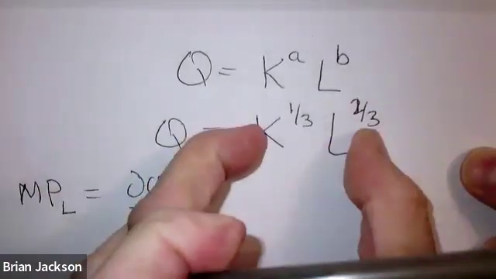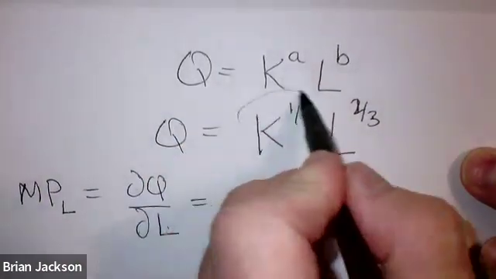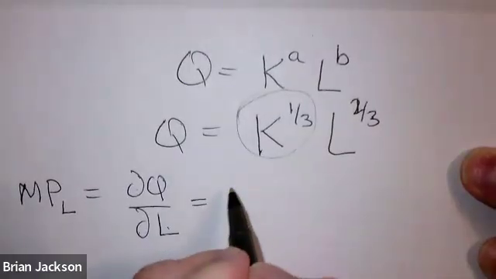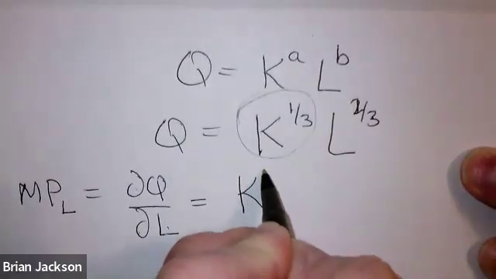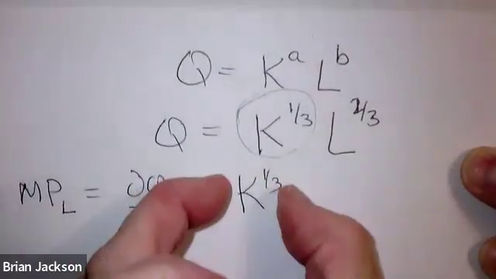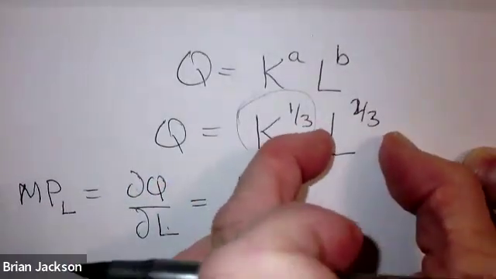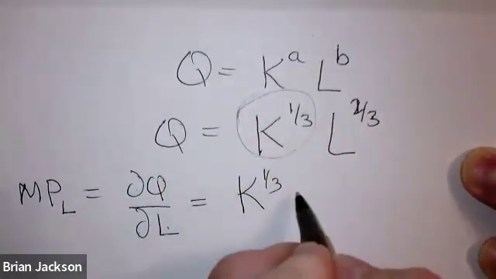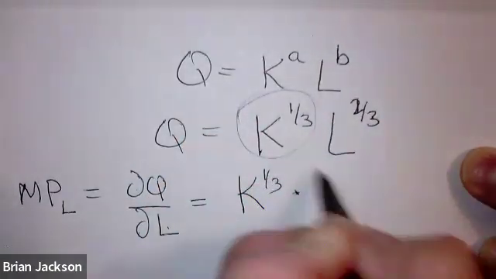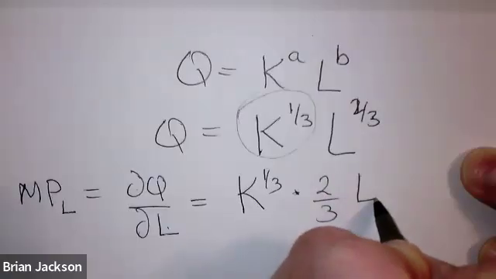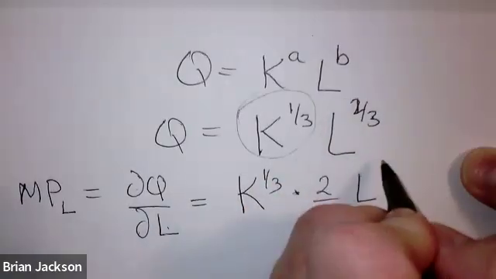So you're going to treat this as a constant. I'll just circle that lightly. You're going to treat that as a constant, so you just bring it along, just as you would if this were 4L to the 2/3, where the derivative would be 4 times the derivative of this. So you bring this constant down, and then you multiply by the derivative of the second factor, which is 2/3 L to the 2/3 minus 1.